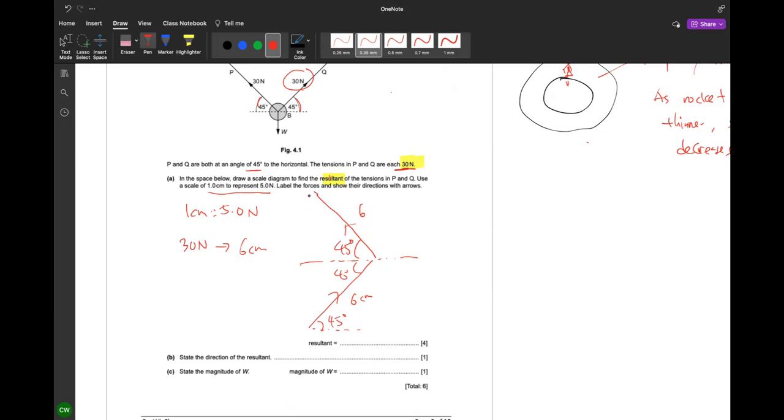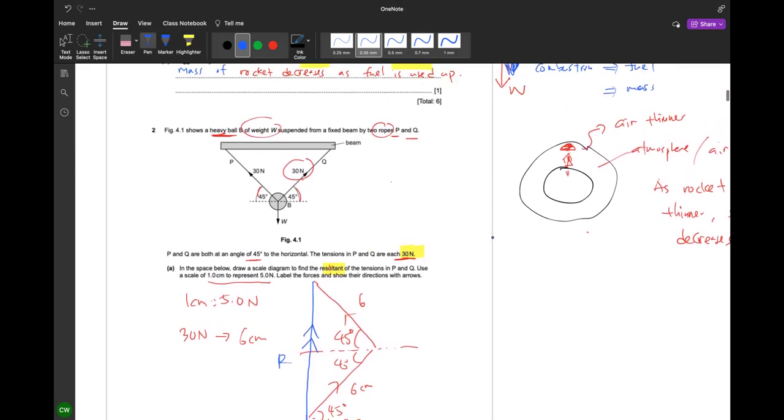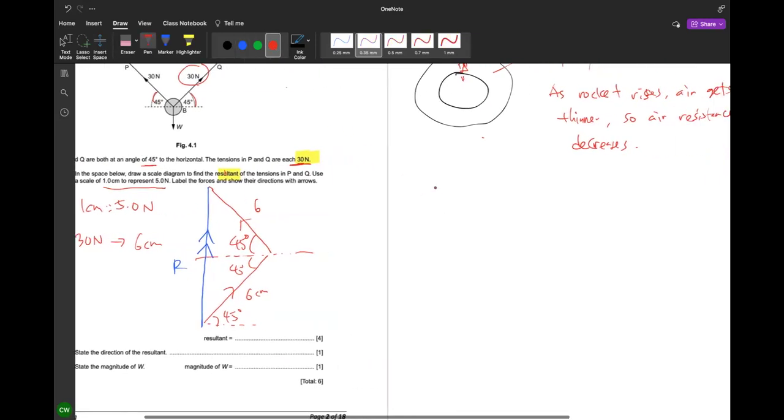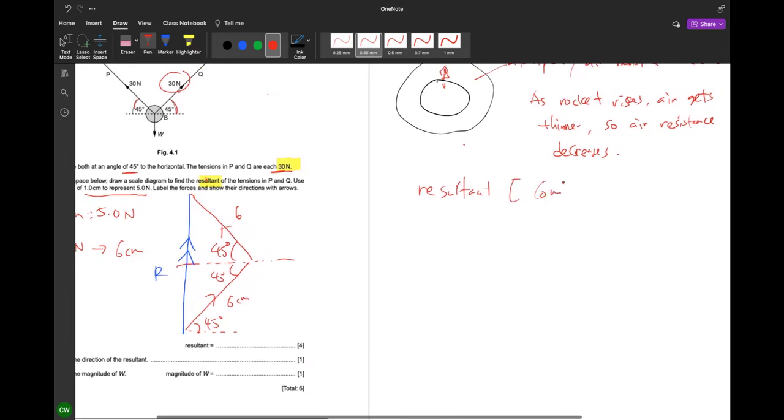So the resultant will be this line. That means you have to combine these two like that. When you talk about resultant, what is resultant? Resultant is actually the combined effect of forces. Combine.